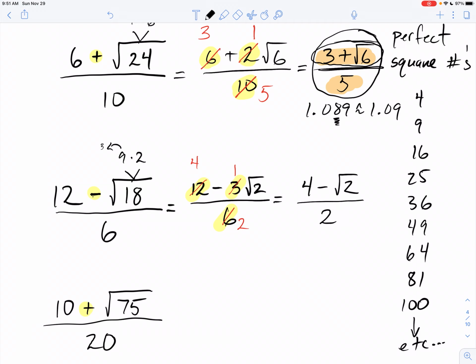And then you might be tempted, ooh, I'm going to reduce this again. No, you can't. You only reduce if there's 3 values there that have a common factor. That's the rule. Don't break it. I'm not lying. So here we go. Let's turn it into a decimal. On my calculator, I would say 4 minus the square root of 2, but I'm not going to say divided by 2.